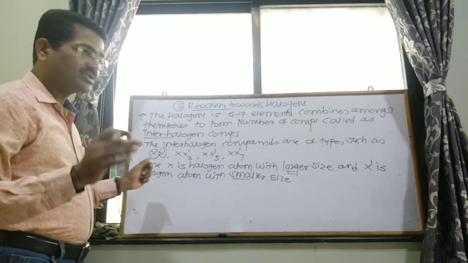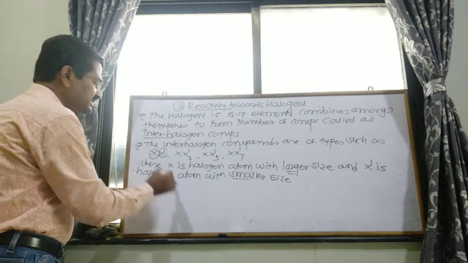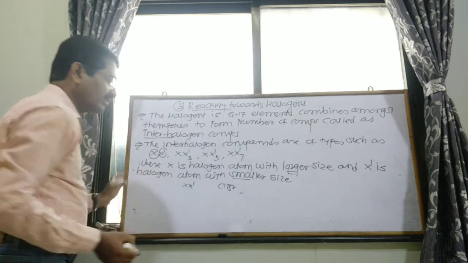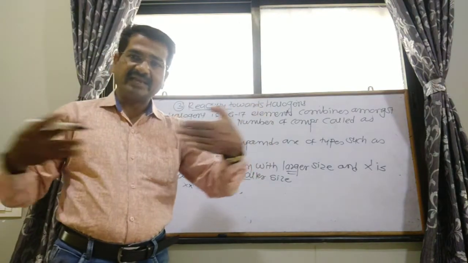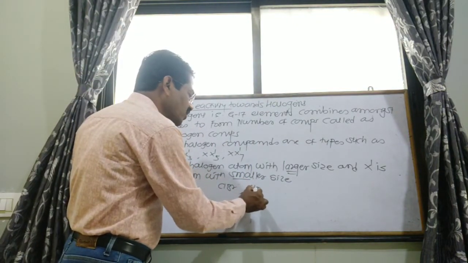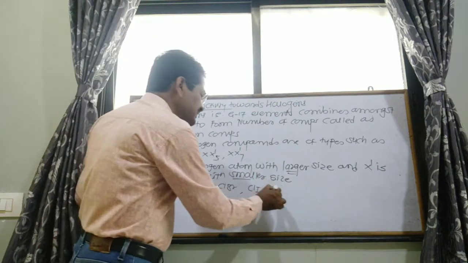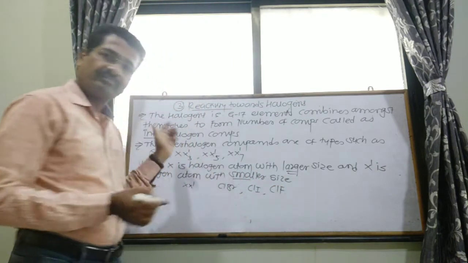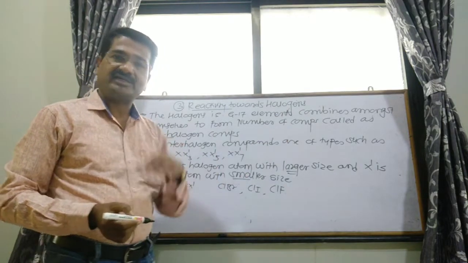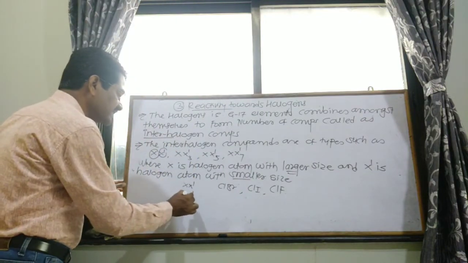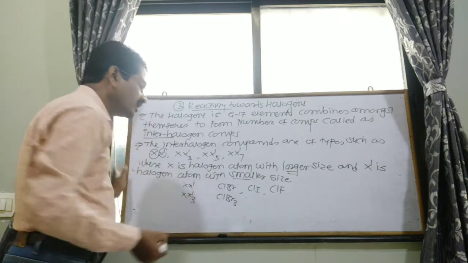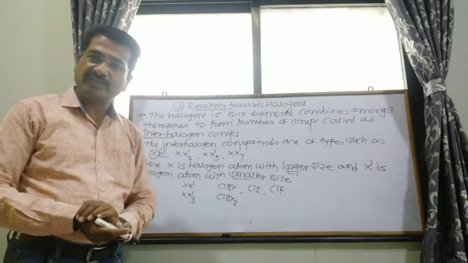So interhalogen compounds form types such as XX', for example chlorine and bromine. One chlorine and one bromine can react with each other to form ClBr. Otherwise ClI, chlorine iodide, or ClF, chlorine fluoride. Another example, XX'3, suppose ClBr3, 1 chlorine and 3 bromines, 1:3.